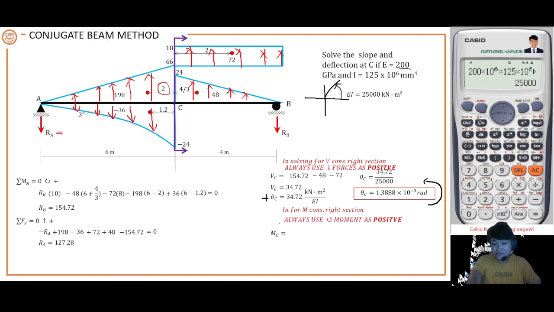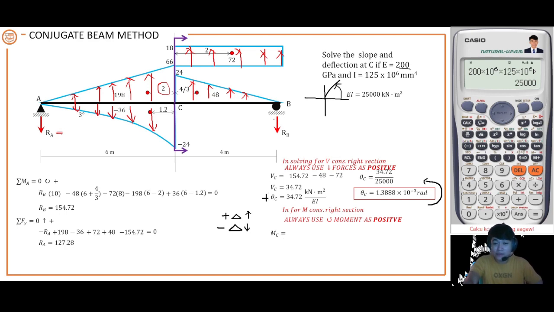So moment at C. Now, if it will give a positive moment, it means a positive deflection. If this will give a negative moment, it means a negative deflection. Positive deflection goes upward. Negative deflection goes downward. So let's solve the value of moment at point C.